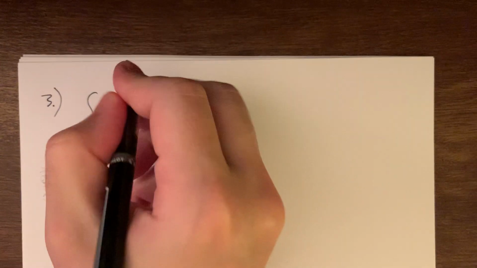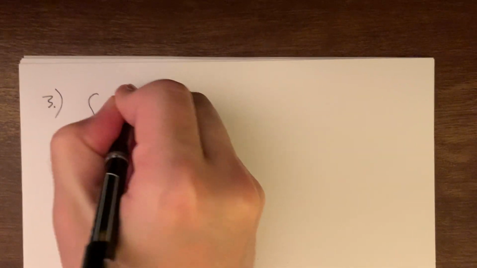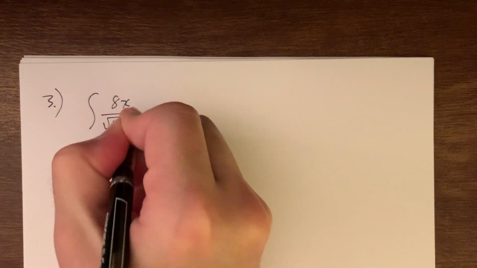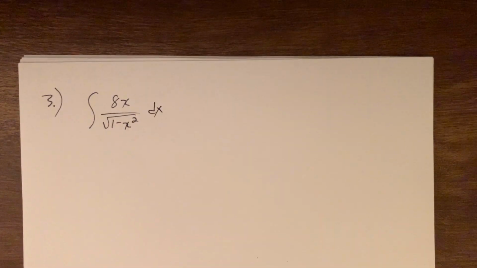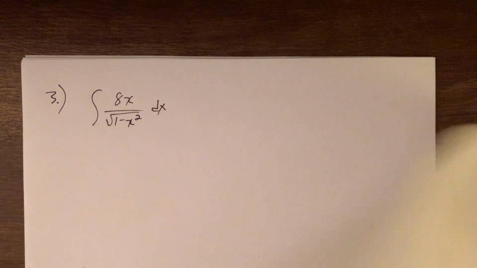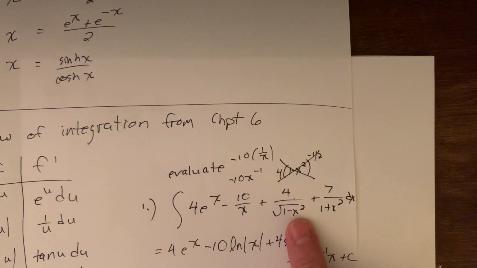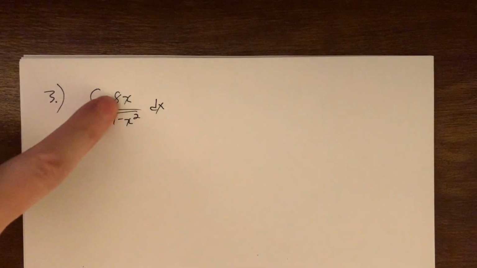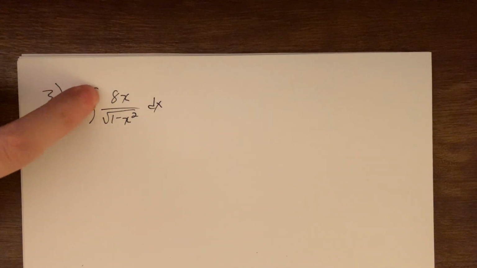And now number 3, let's look at the integral 8x over radical 1 minus x squared. Now be careful, everybody. We've literally just finished this. We focused on the denominator and pointed out how cleanly that moved back to inverse sine. But this and this are very, very different. And you might say, well, Professor, why is this different?